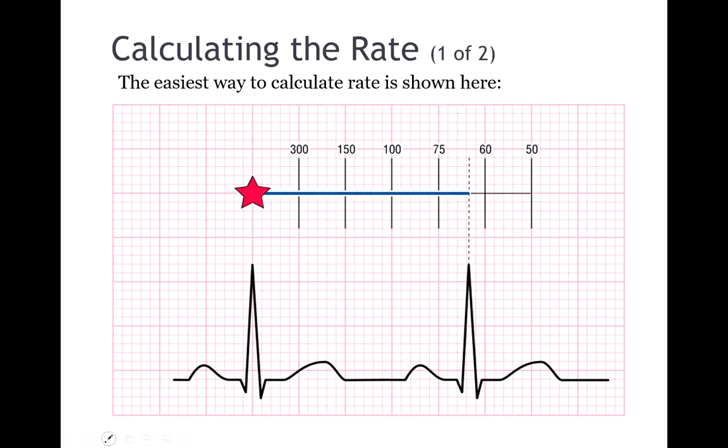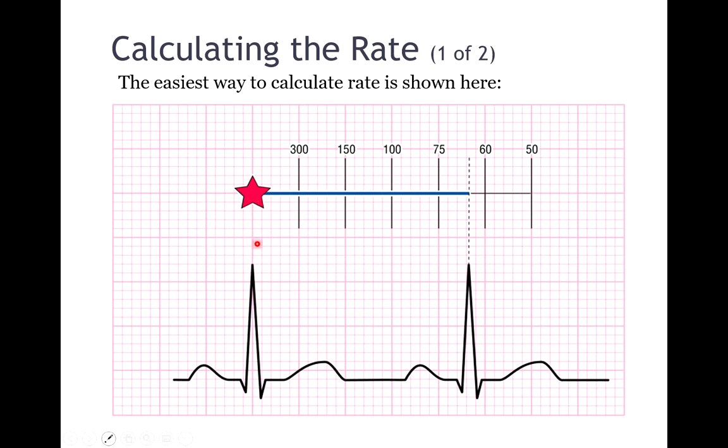So one thing that we can do with an ECG is we can calculate the rate. Now the easiest way to calculate the rate is illustrated in this figure below. We find a QRS complex that is sitting on one of these dark lines. You notice these dark lines and then these lighter lines? So each of these dark lines is separated by 5 small boxes.